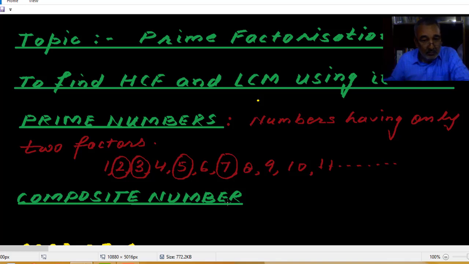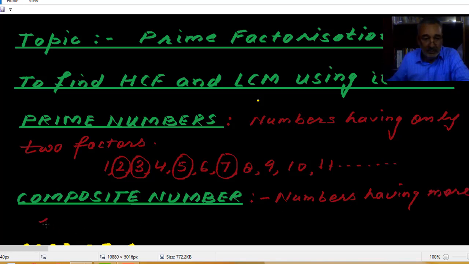Then what are composite numbers? The left out numbers except 1. Remember, I will take this case later on. Composite numbers, by definition, are numbers having more than two factors.